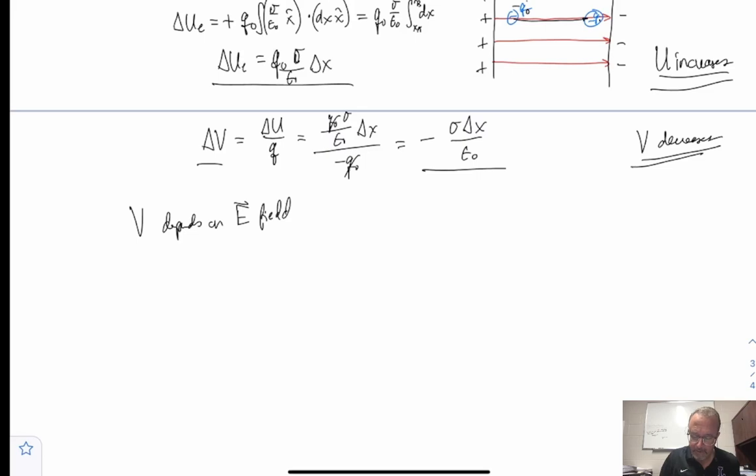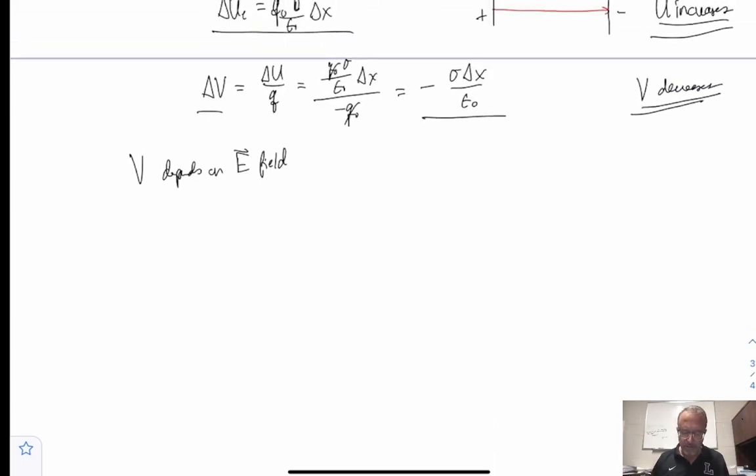And that means I can draw surfaces or lines where the electric potential has the same value, and I can chart what are called equipotential lines or equipotential surfaces.